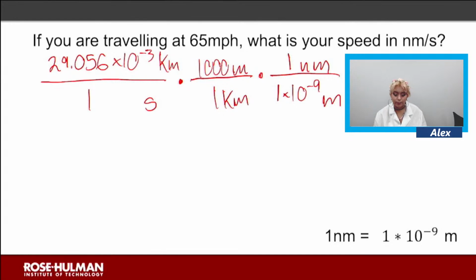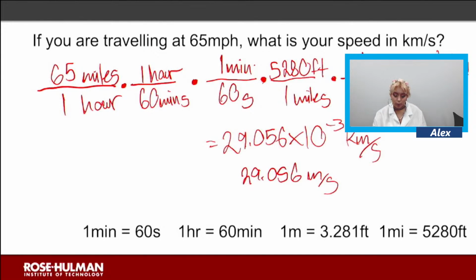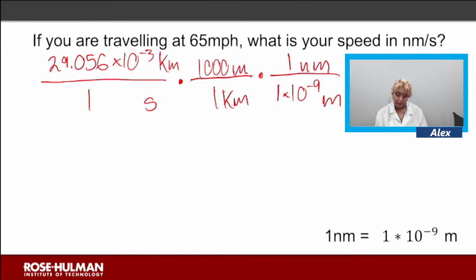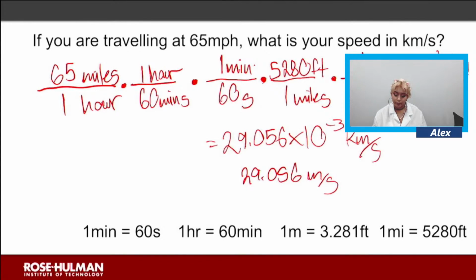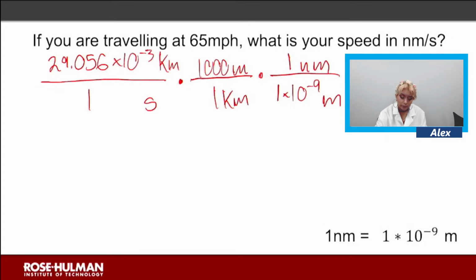So here you can see we already did all of these calculations to get us to where we would be in kilometers per second. So if we had gotten this problem initially, the only thing we'd be doing differently is instead of going from meters to kilometers, we'd be going from meters to nanometers. Start doing our simplifications.